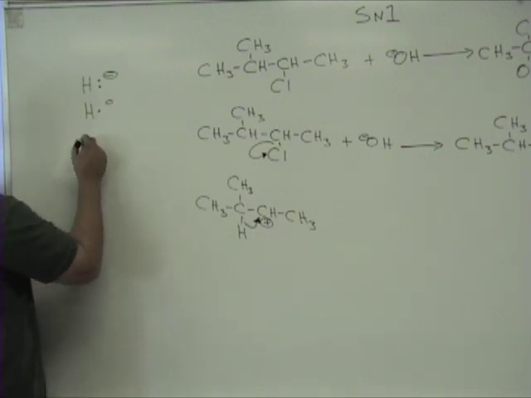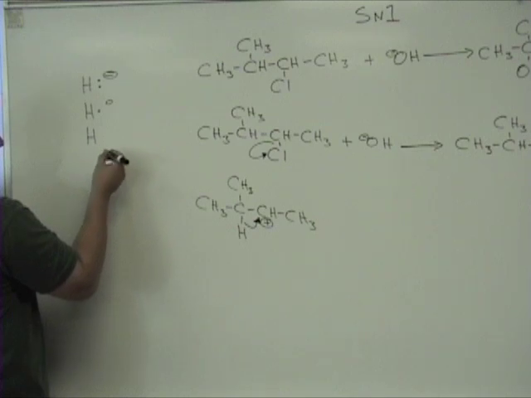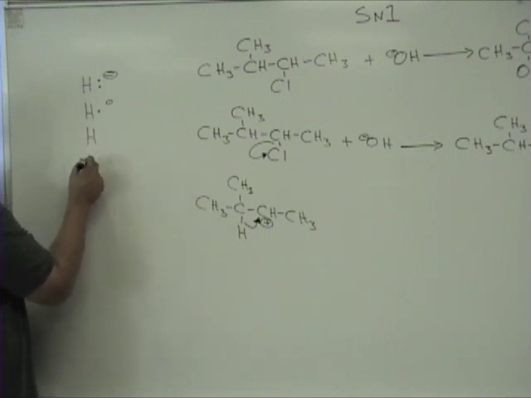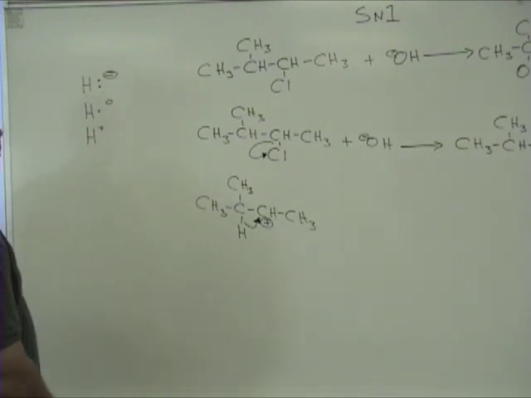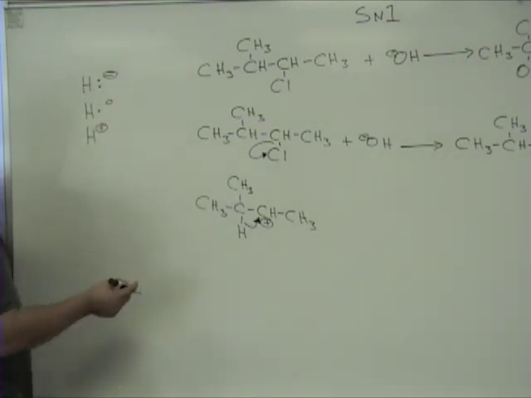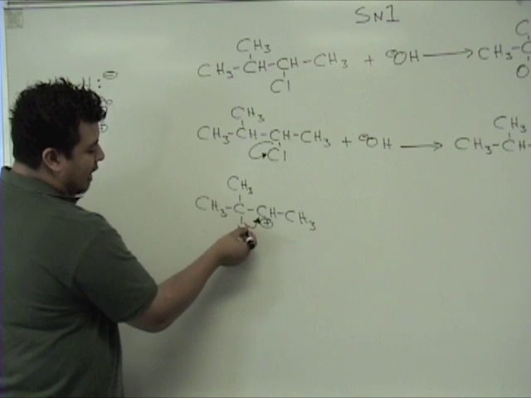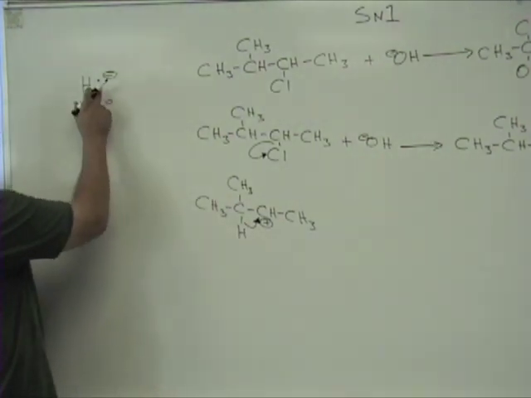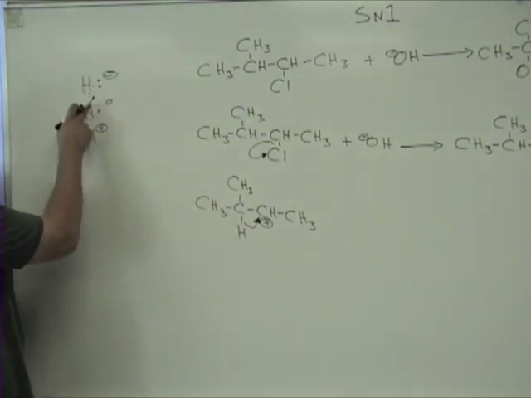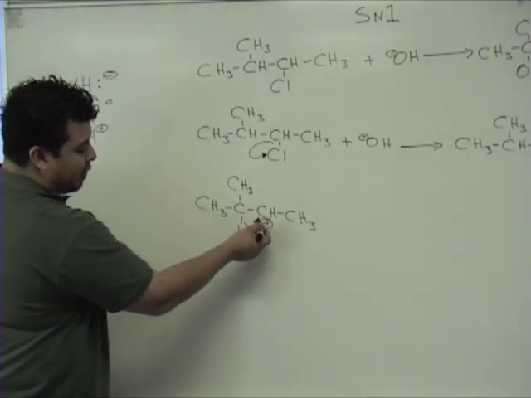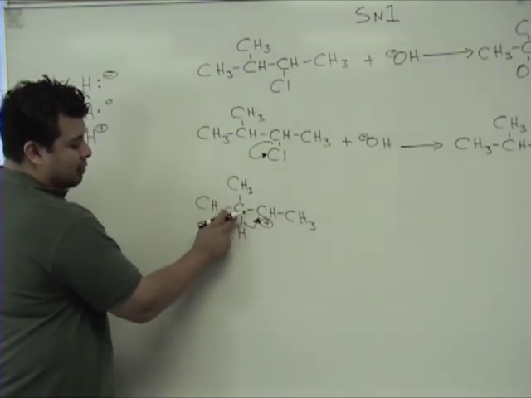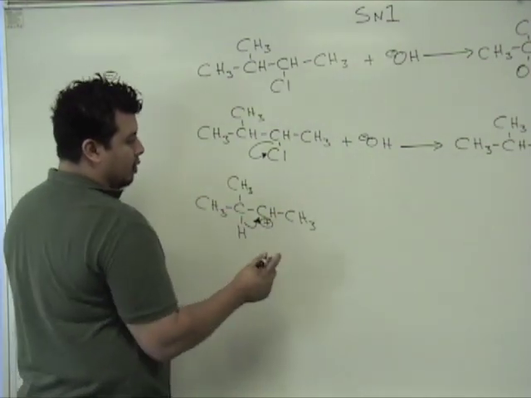And a proton doesn't have any electrons, it only has 1 proton, so the charge is plus. So what happens here is a hydride shift, so it leaves with the 2 electrons of the bond to get into the empty orbital, but now we have this carbon right here with an empty orbital.